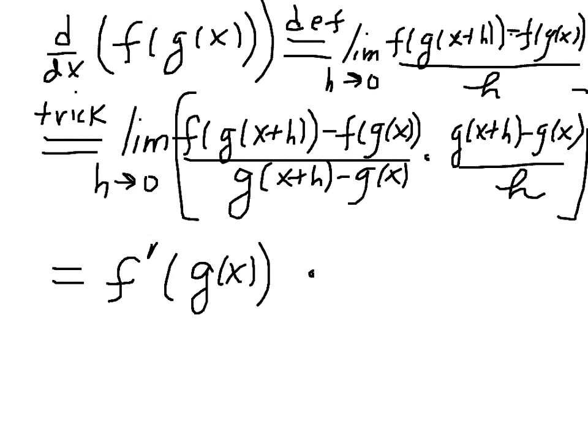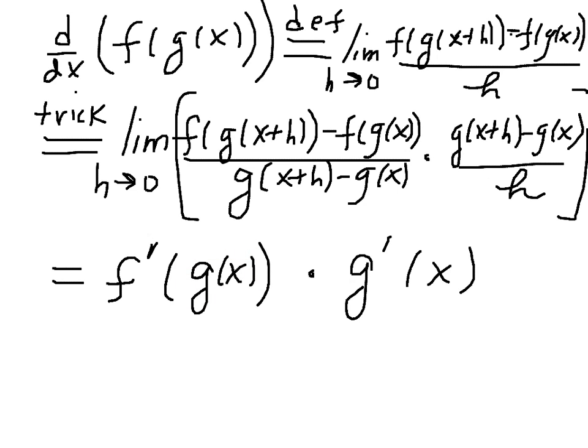And when we look at this last part, that's a lot simpler to see. That's simply the limit as h goes to 0 of g of x plus h minus g of x over h, and that's simply going to be the derivative of g at x. So the really confusing part here is this g of x.